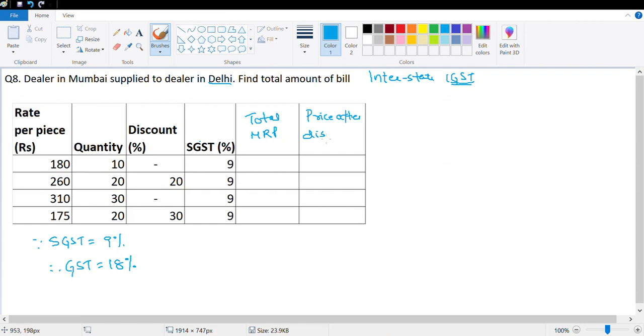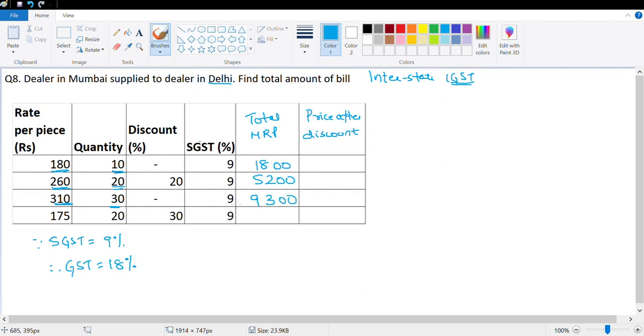Right, price after discount. In this case, total MRP, price of one is 180, and there we have 10 of each, which means the total MRP is 180 into 10, that's 1,800. 260 is cost of 1, and we have 20. So 26 into 2, that's 52, which means 5,200. 310 into 30, that's 93, so 9300.